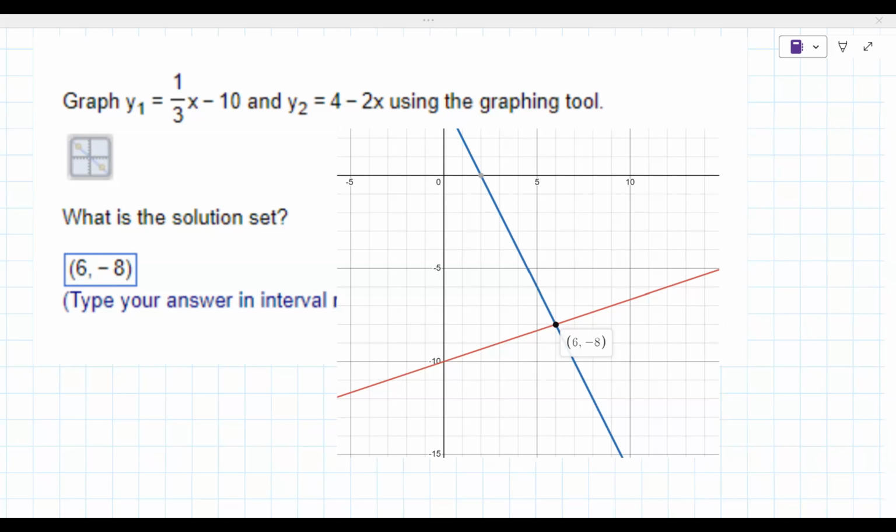Is this correct? Yeah. Okay, I'm just gonna submit it with that one. Oh, okay, the answer was negative infinity, 6.